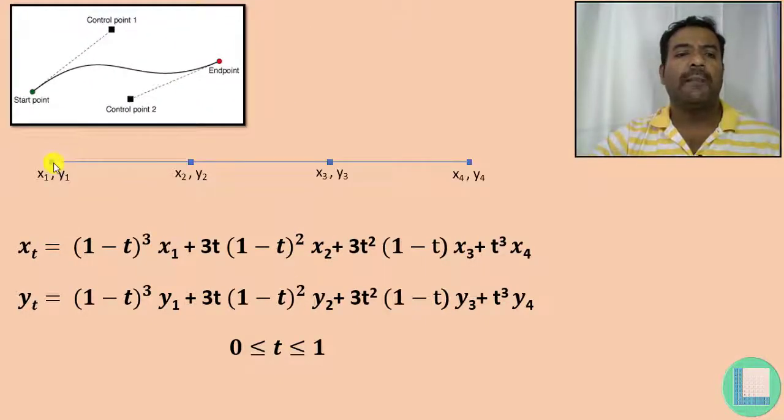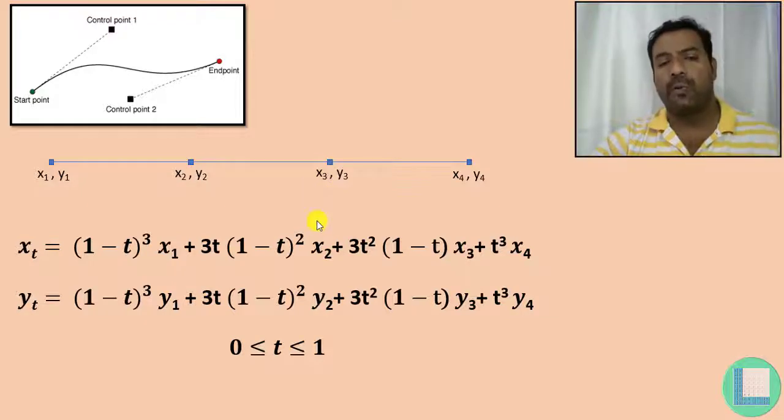So now my first job is I need to have 4 points, which are going to form a straight line. Later on, let me modify the values of x2, y2 and x3, y3 as the control points, so that I can form the type of curve that I require.